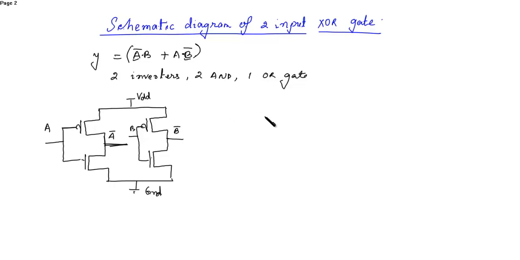Then you need to AND. So there will be two circuits for AND. Then again for AND circuit you need the two NMOS in series and the PMOS in parallel.